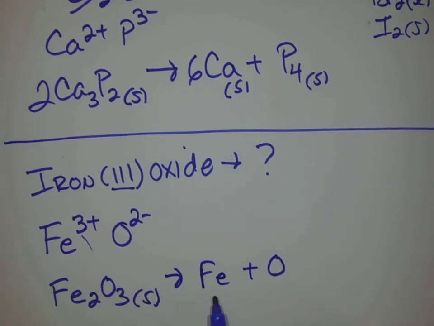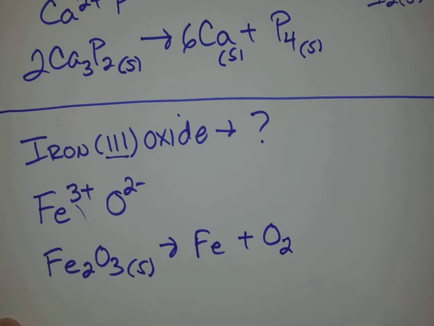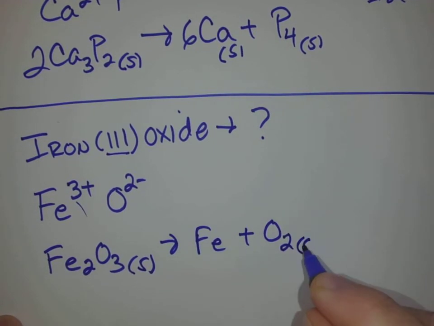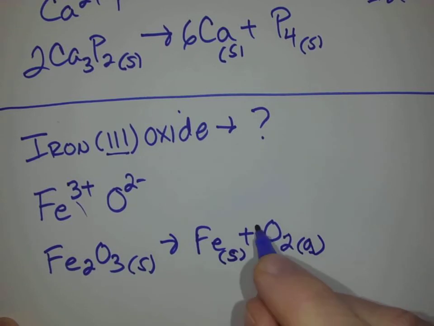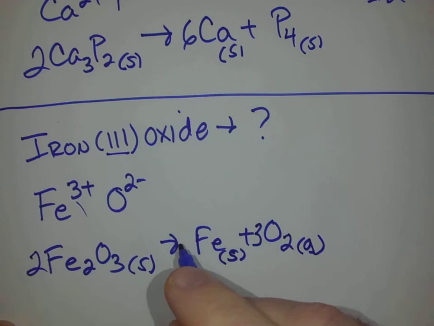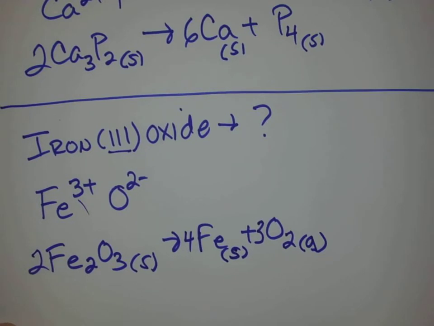Is iron diatomic? No, it's monoatomic. How about oxygen? Yeah, that's diatomic. Oxygen again is a gas, we just talked about that. Iron's a solid. So we need to put a 3 here to balance the oxygens and a 2 there. That gives me 4 irons.